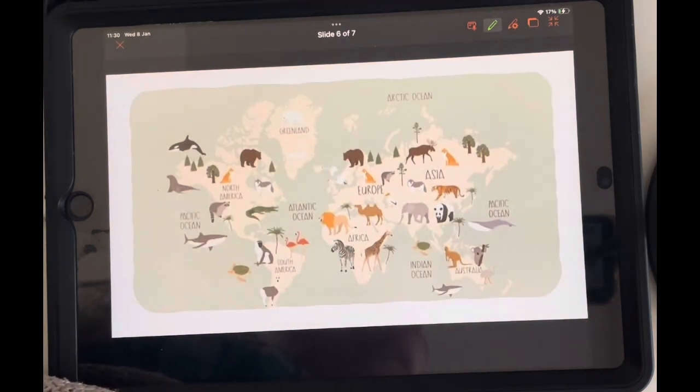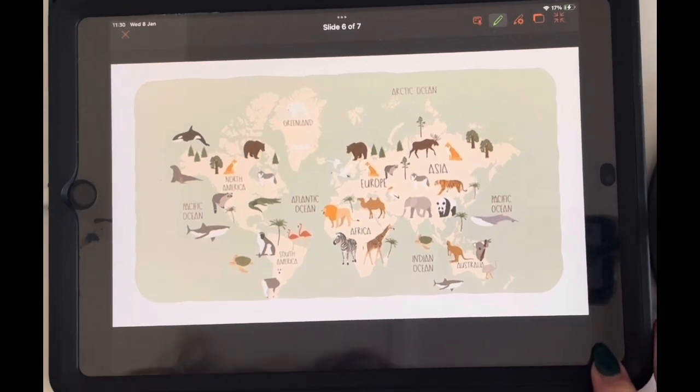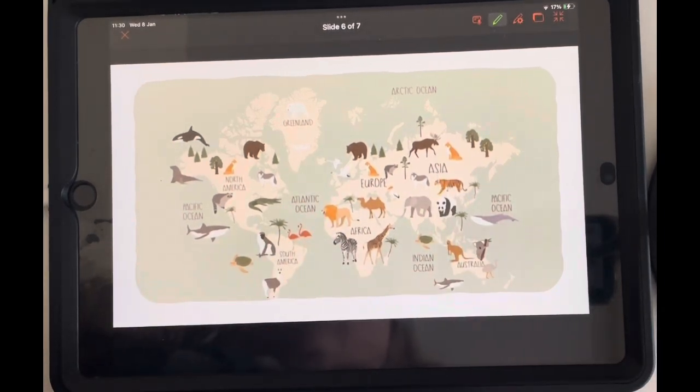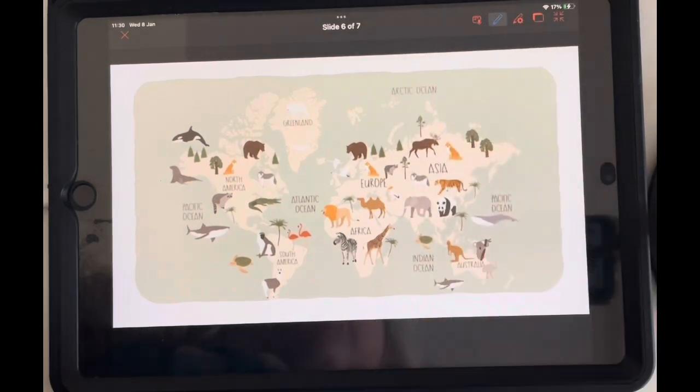So here on the screen, you'll be able to see, this is a map of the world, but instead of showing all the things in the world, there's animals dotted around on the map. And what this does is show what animals live where and in what countries, because some animals only live in some countries.